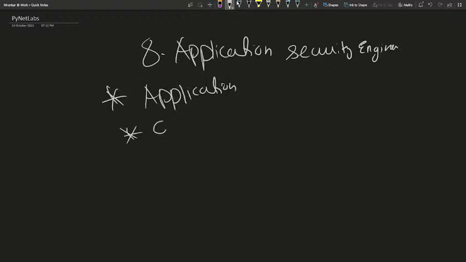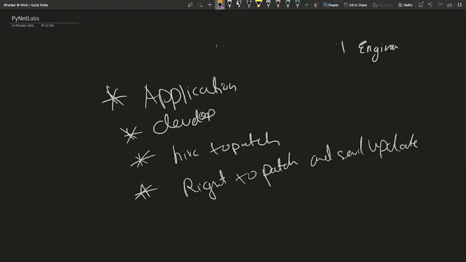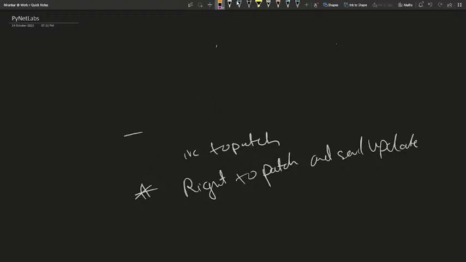They are the developers, right? They get the information from the higher management of security to patch something. They have the right to patch and send updates. And again, it's a high paying job because they are trained with the level of security plus developing.